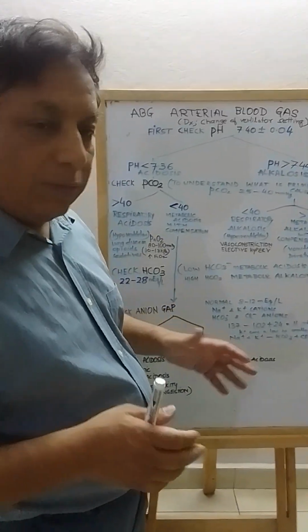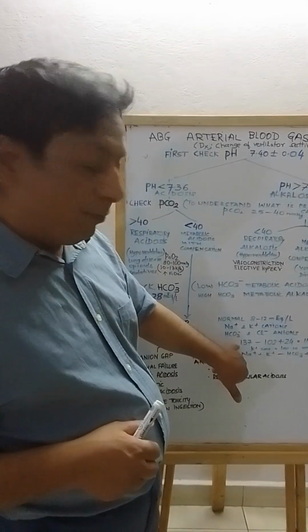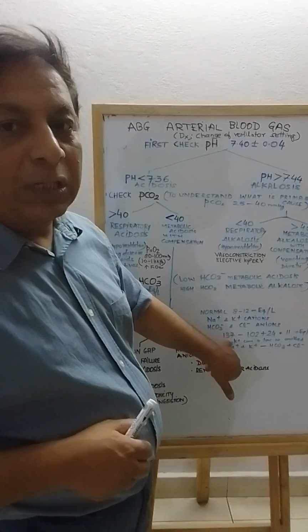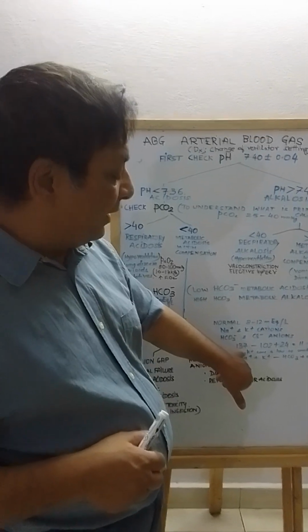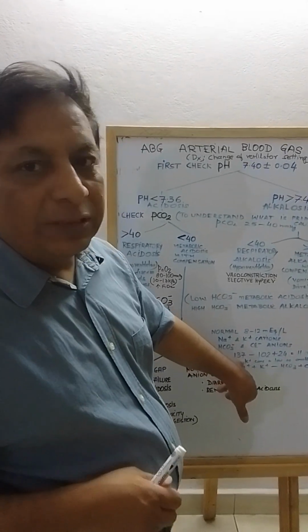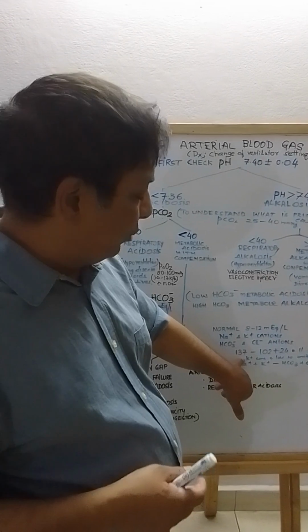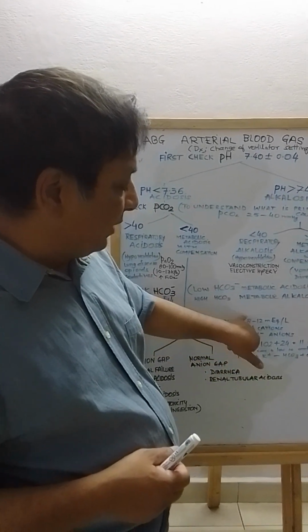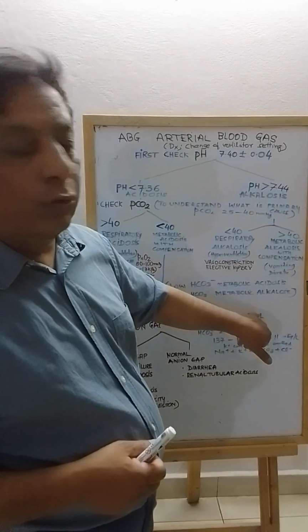So you just add the sodium, and sometimes it is said that potassium concentration is very low, so it may not be calculated, but in some books it is written that it may be added. Thus the anion gap value will just increase, but the normal anion gap is 8 to 12 milliequivalent.